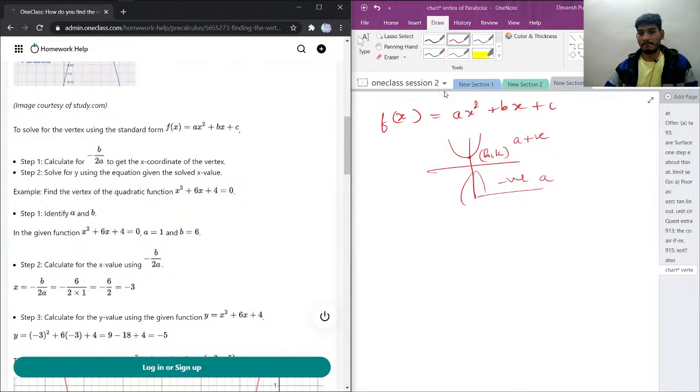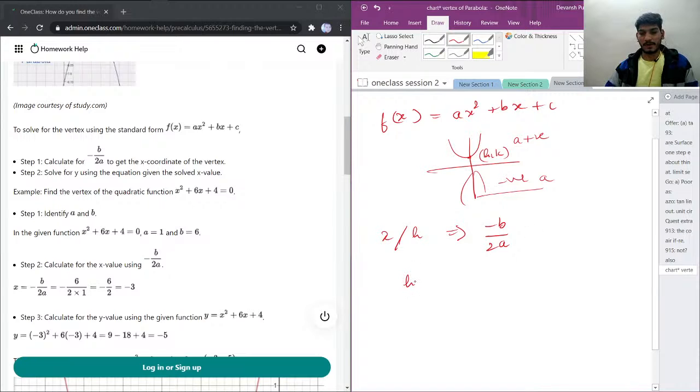So what we do here in this equation, we calculate the x coordinate, or h, which can be found by minus b over 2a, and then we substitute the value of h into this equation and we get the value of y, which is going to be k.